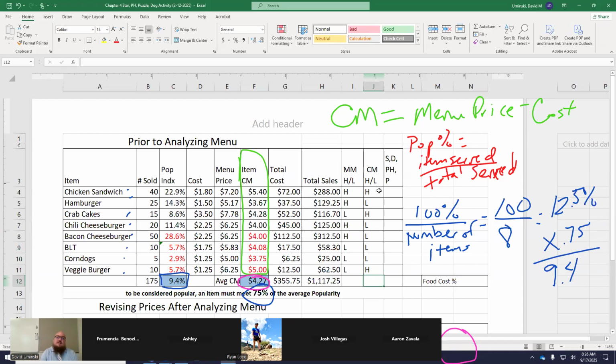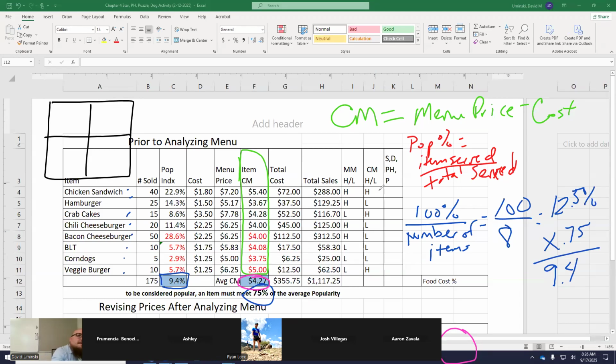All right. So the last piece of our puzzle is to now put the pieces together so we see what our picture looks like. Okay, so I'm going to draw my square up here. You can draw wherever you have space. Remember we have star, plow horse, dog, and puzzle.